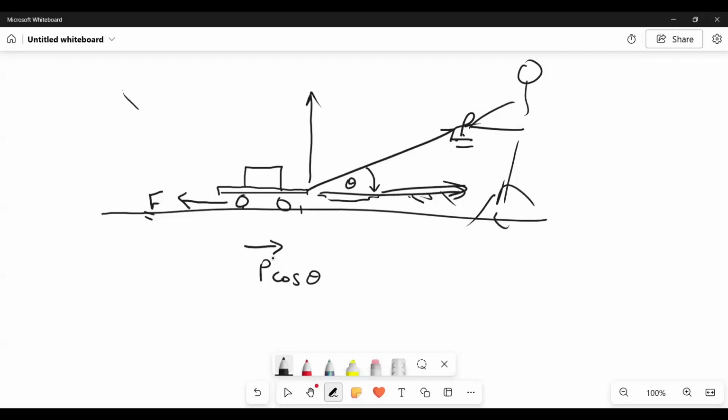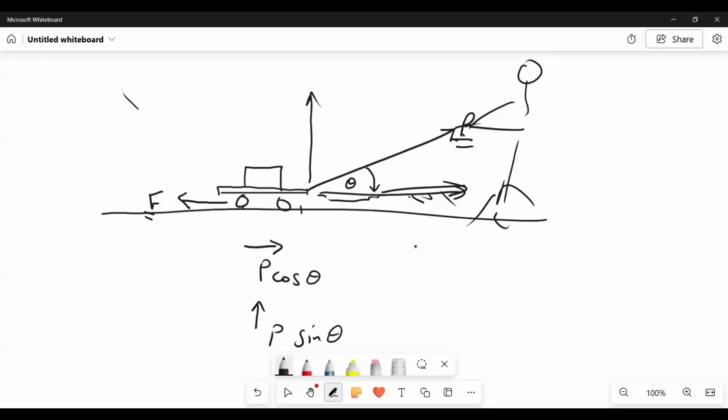If you wanted to know the vertical component, it's going to be P sin theta, right? And there's a bit of trigonometry behind it. I'll show you in just a moment. Good. So I just want to show you how being able to resolve a force is important. So you resolve the force, and now you can calculate.